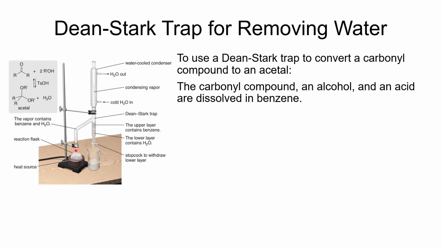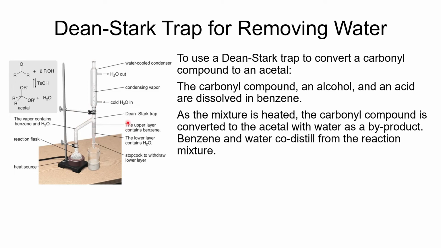Even though water and benzene are not miscible with each other, they will both get into the vapor phase at about the same temperature. So you've got benzene molecules and water molecules that are flowing up here, and then they hit this condenser, and when they hit the condenser, they will both turn into a liquid and drip down into this reservoir, this collector.